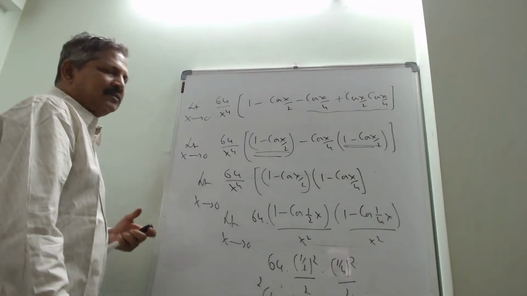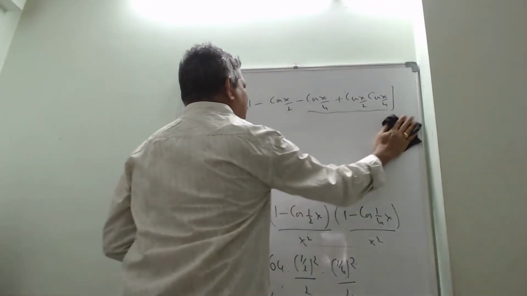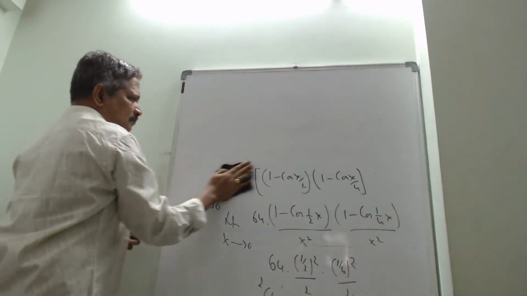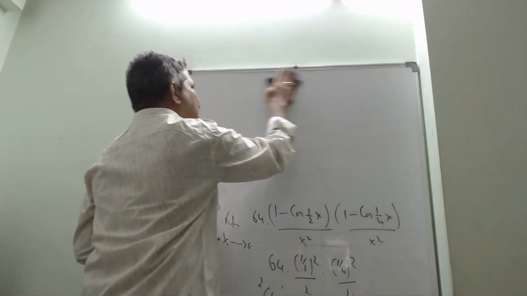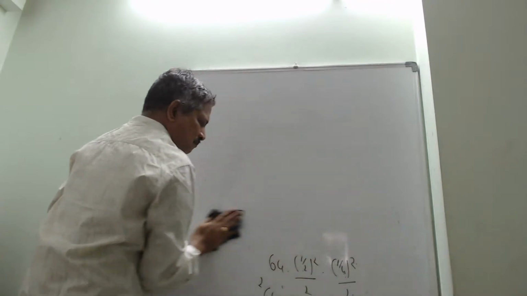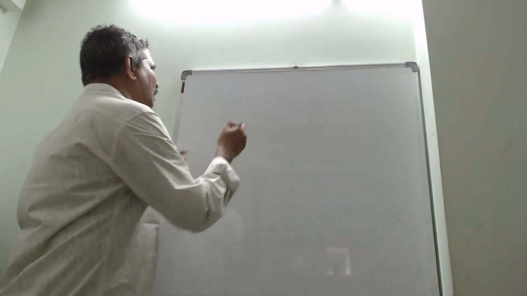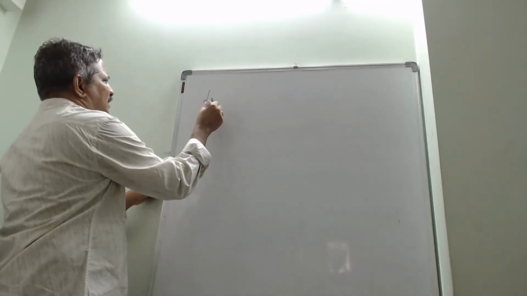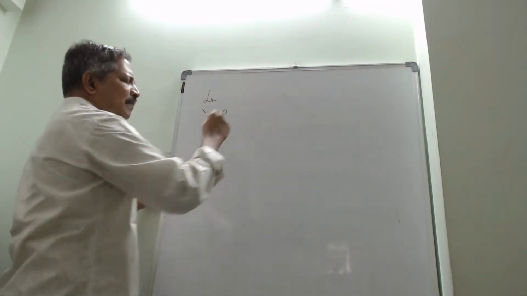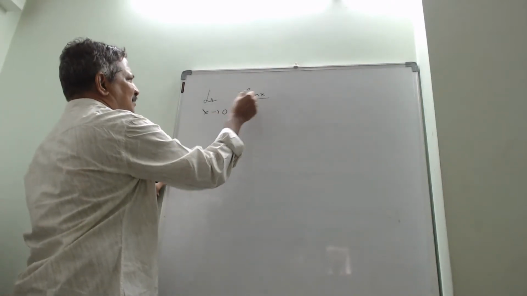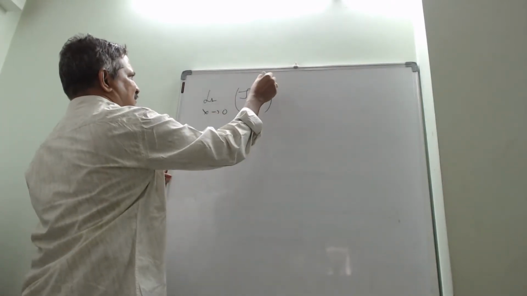Now, next, coming to a different type of formula, that is tan x by x, limit x tends to 0 of (tan x by x) power 1 by x.